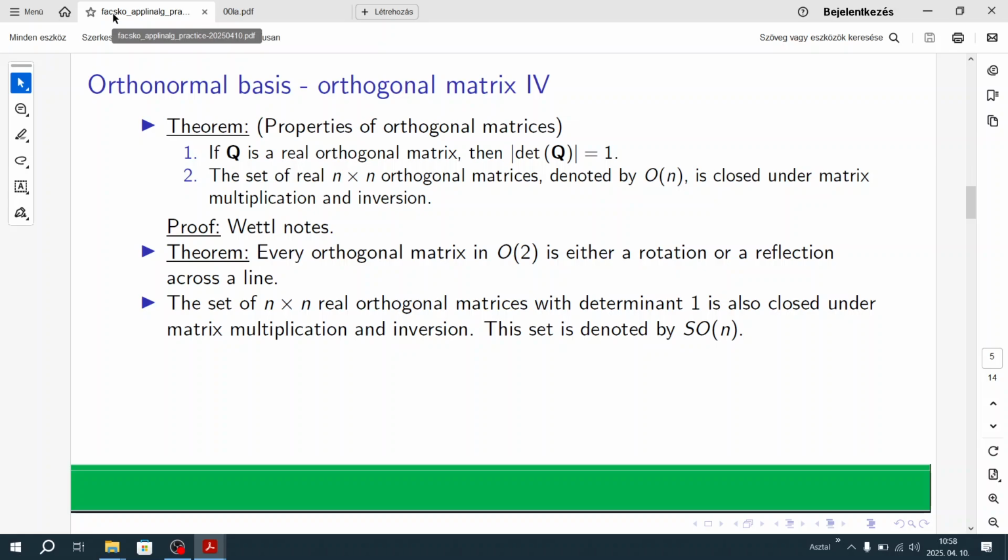The projection changed it, and everything else changed it. So the statement, every orthogonal matrix is rotational. Reflection is not good, it is a mirroring along a line. Mirror, not reflection, sorry, that is the wrong word. And for n times n matrices, we say this is orthogonal O2. There are O3, O4, and so on.